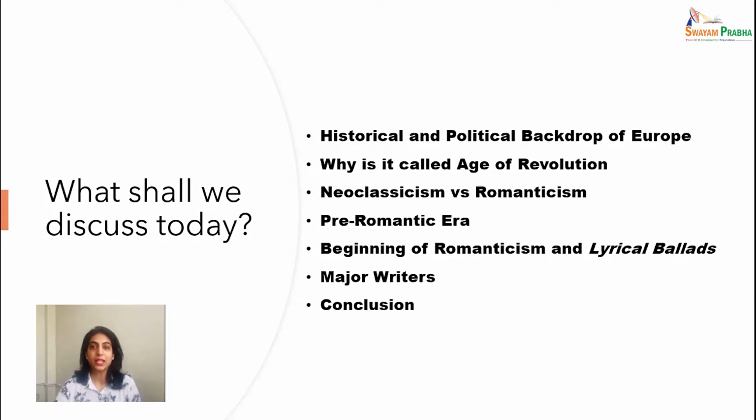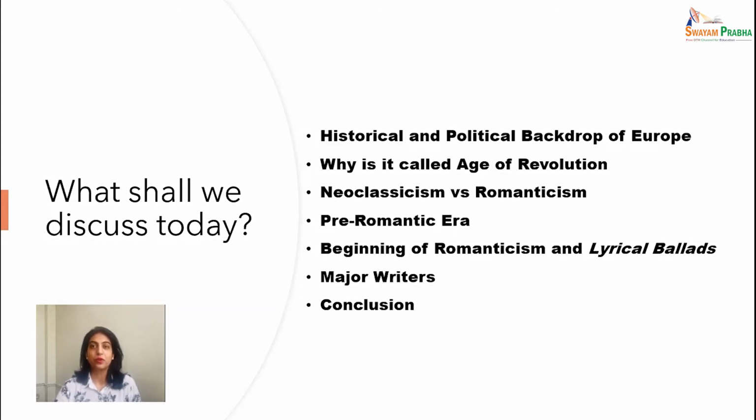The second in line is the impact of the socio-political revolutions. The third is about the differences between the neoclassical and the Romantic era. The next in line is what is Romantic revival or Romanticism along with the pre-Romantic literature.